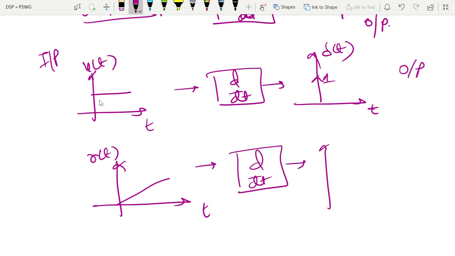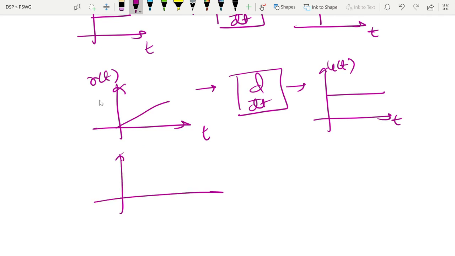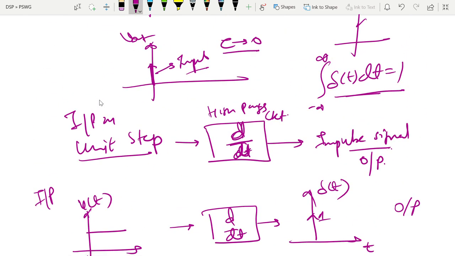A unit step will be the output. If it is a parabolic, then it will be a ramp function. Like this, the high pass RC circuit acts as a differentiator, which converts a unit step into an impulse signal, and correspondingly the other signals into their derivatives.